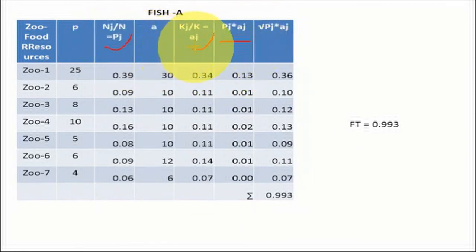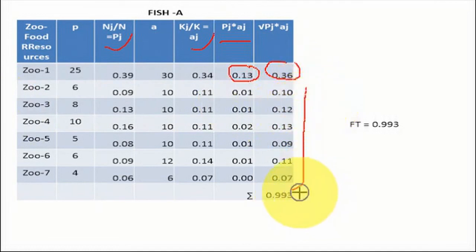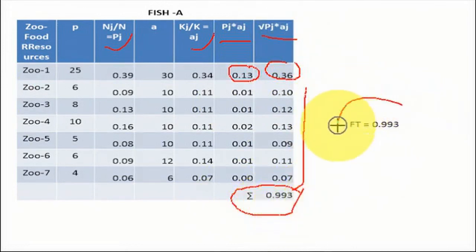These are the figures we have to multiply, the product of Pj and Aj. Then the square root of Pj and Aj is 0.36. In all cases we have to follow the same procedure. Then we will find these numbers, and finally you sum up these square root numbers, that is 0.993. So there is no other procedure, you can directly write 0.993.